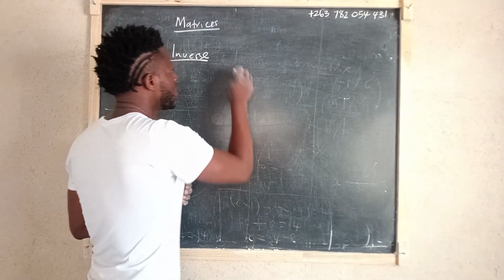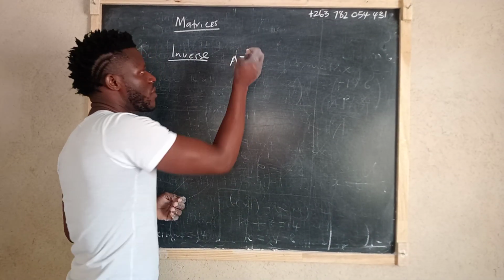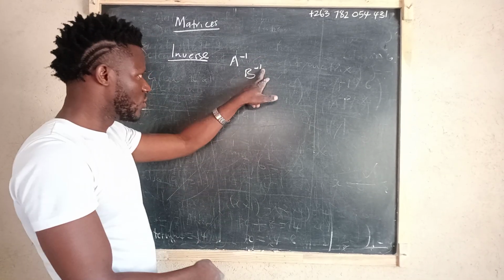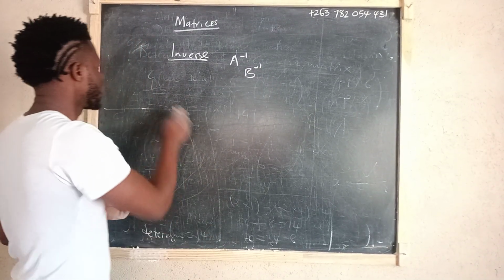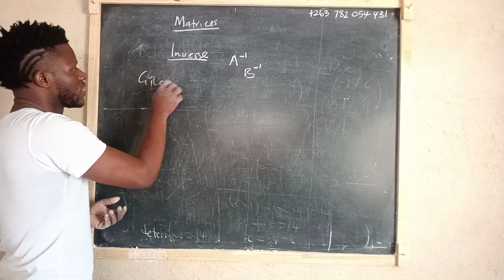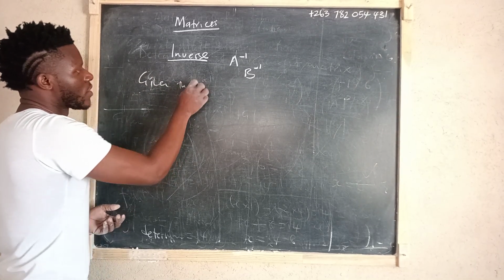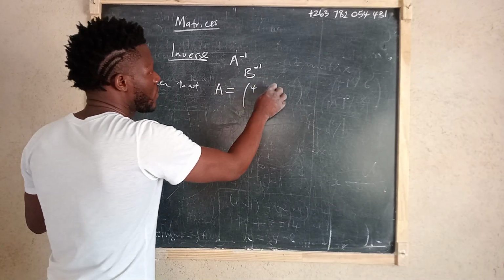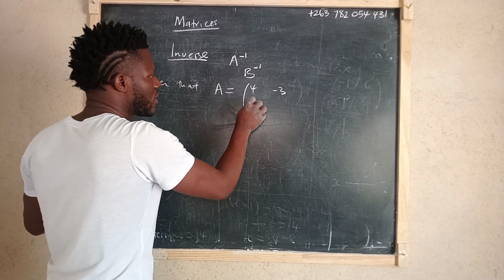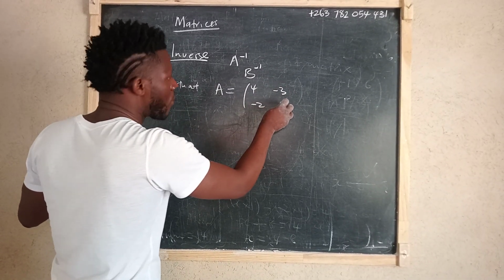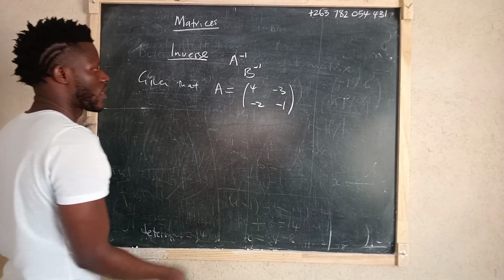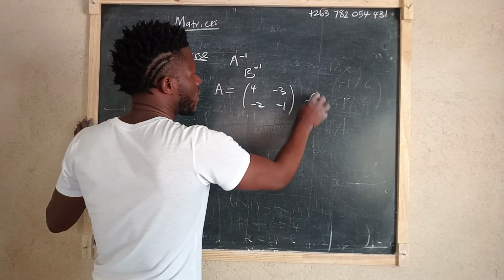Inverse can be represented by a negative power like this. You'll be given a matrix, then they do this to show the inverse. For instance, given that A equals 4, minus 3, minus 2 and probably minus 1. And then the question is, find the inverse of matrix A.